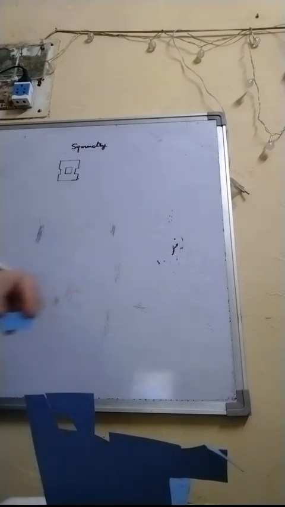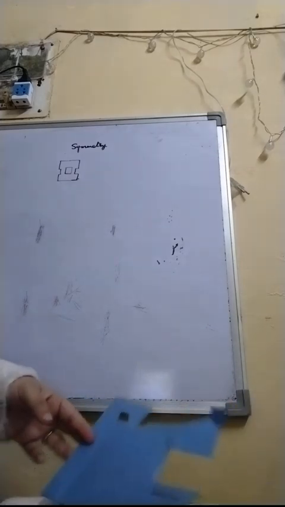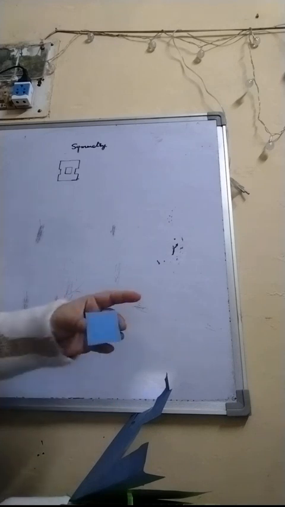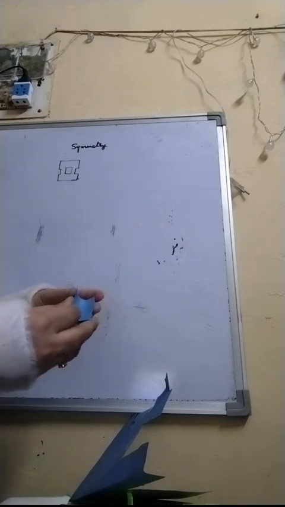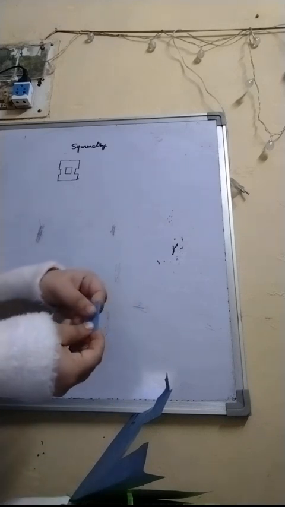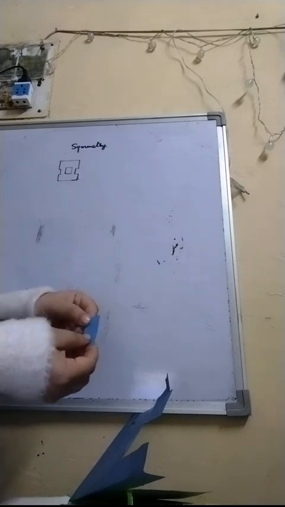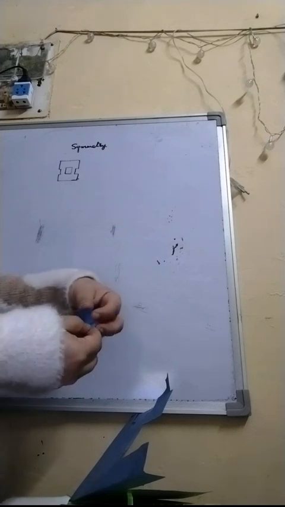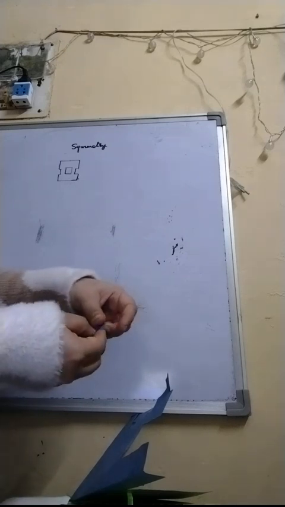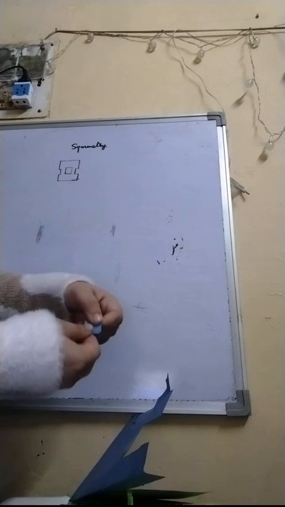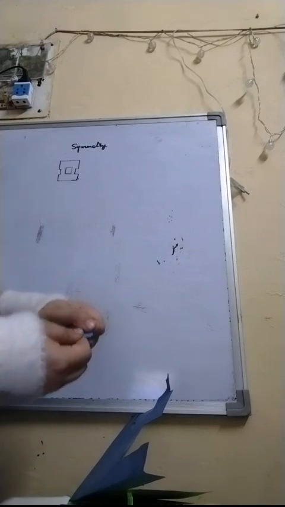So now first of all we take a square. So this is a square. Now you want to have a rotated square at the center. So how would you do it? You would fold the paper once and then fold it again, as in the previous case.